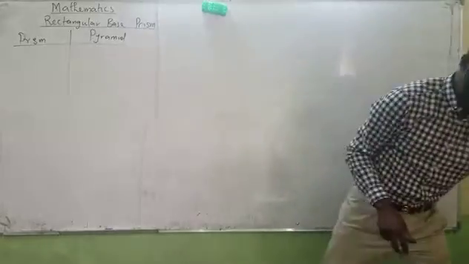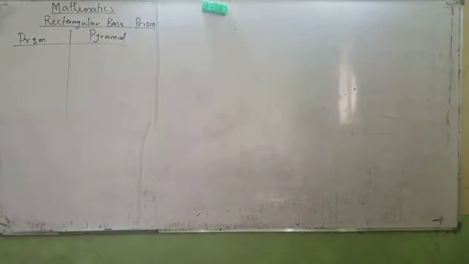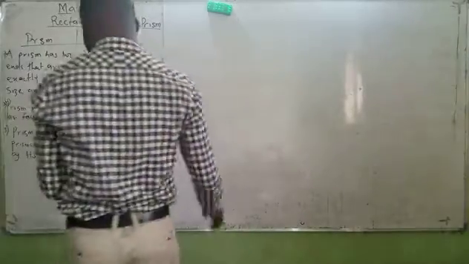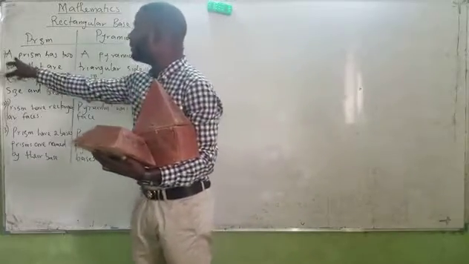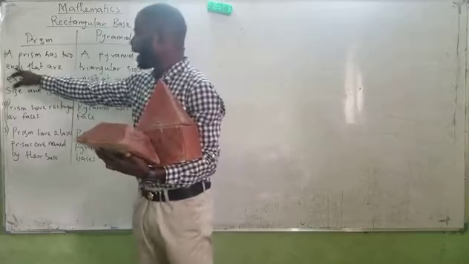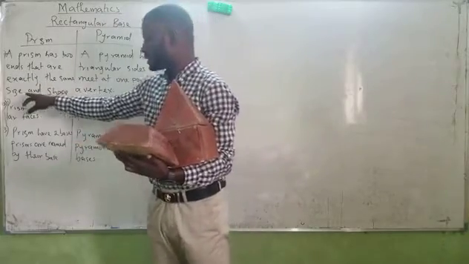Now let me quickly write some things out for better understanding. Permit me to pause this. Okay, now let me explain with the shape. The first thing I wrote, number 1, is that a prism has two ends that are exactly the same size.